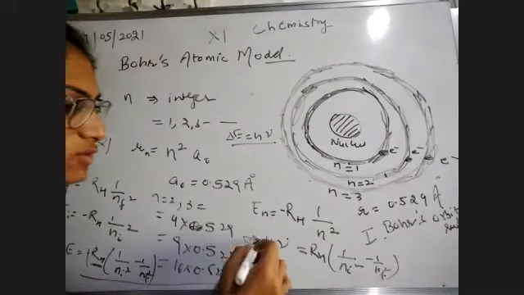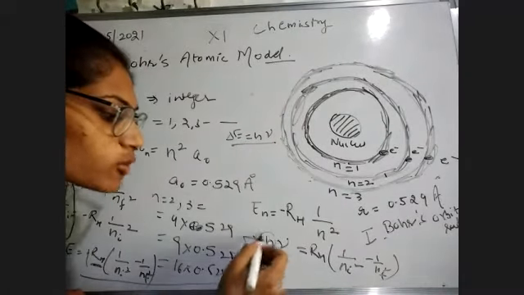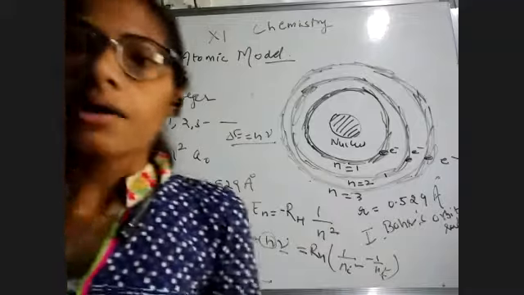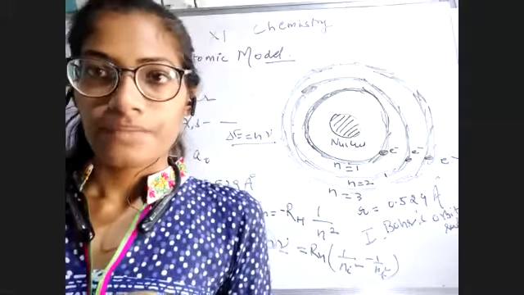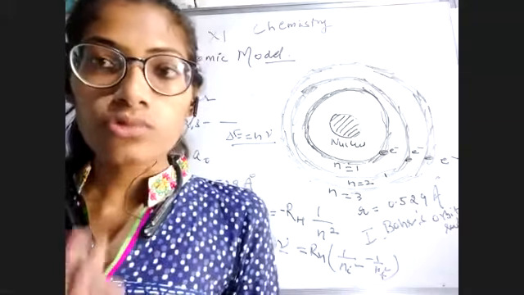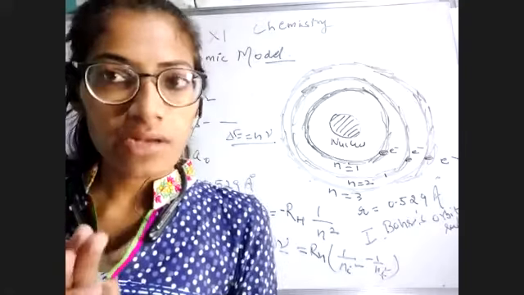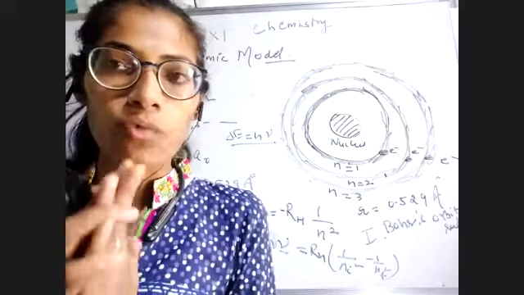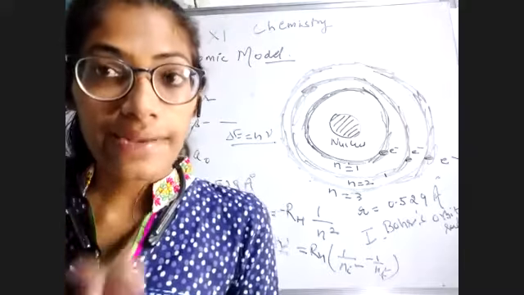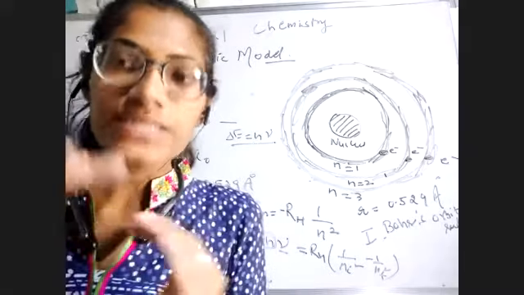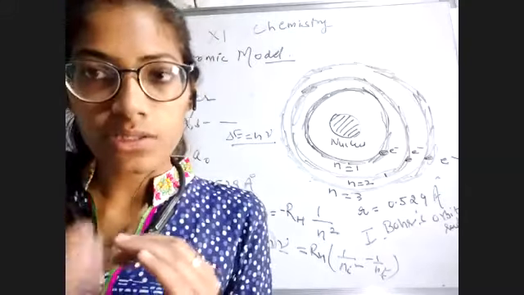With the help of this, we can calculate nu, because h is Planck's constant. So Bohr's atomic model has satisfactorily explained the concept of orbit as well as energy, the difference in energy, and the frequency.